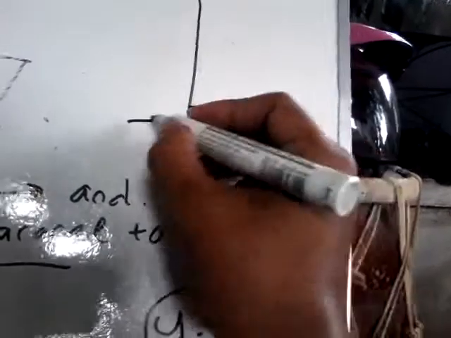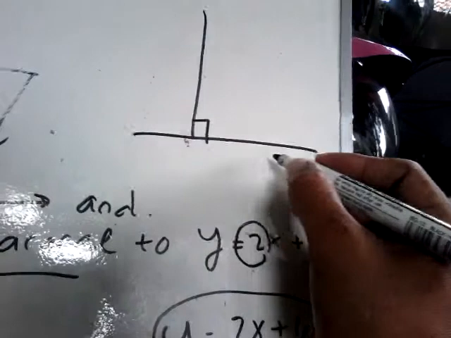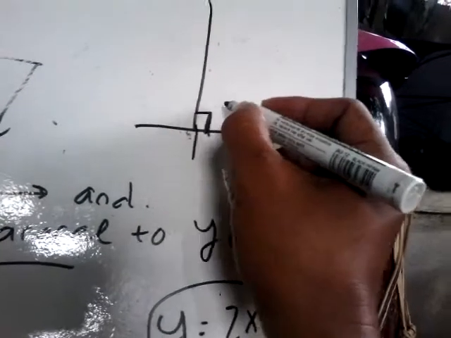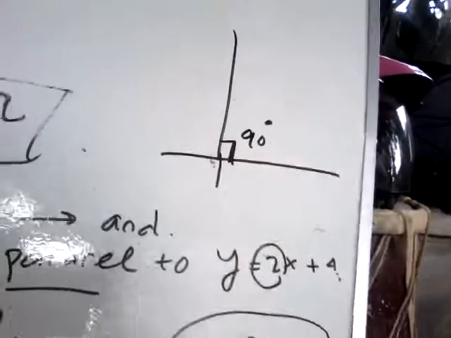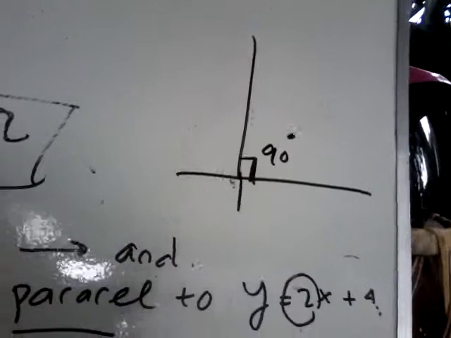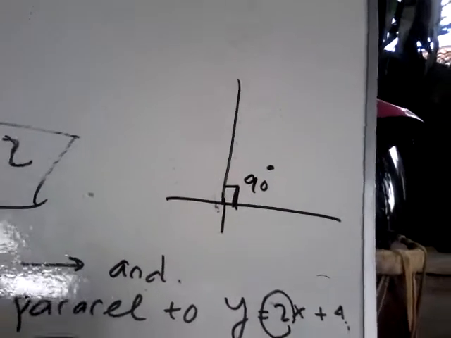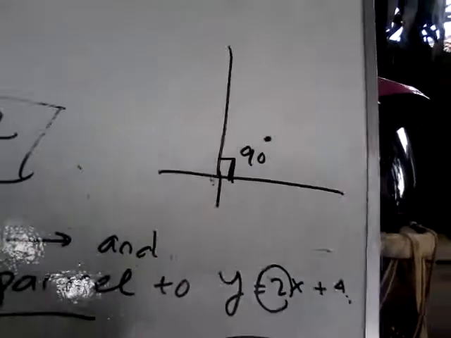So those two lines make 90 degrees. What is the rule to find the gradient if there is a perpendicular?